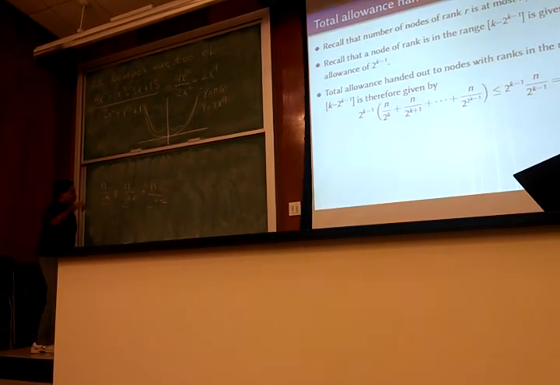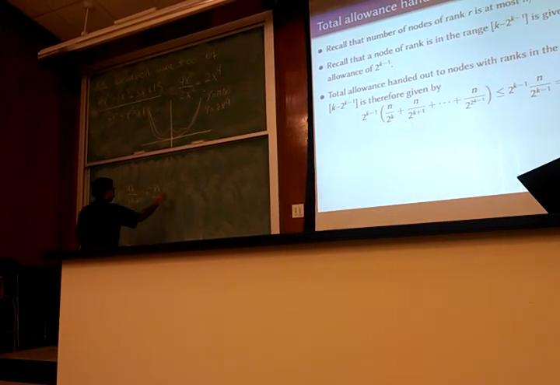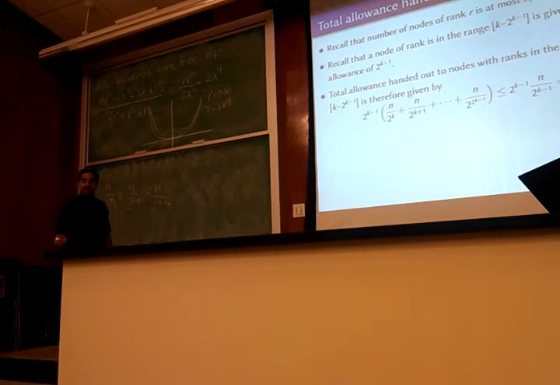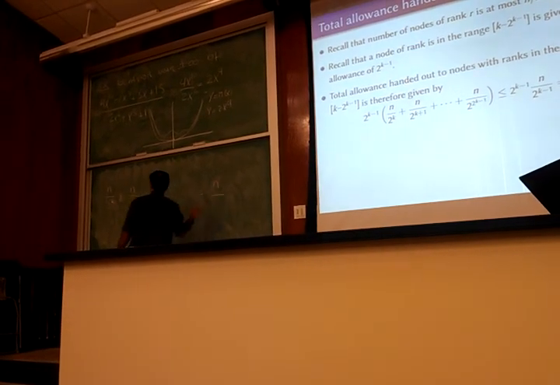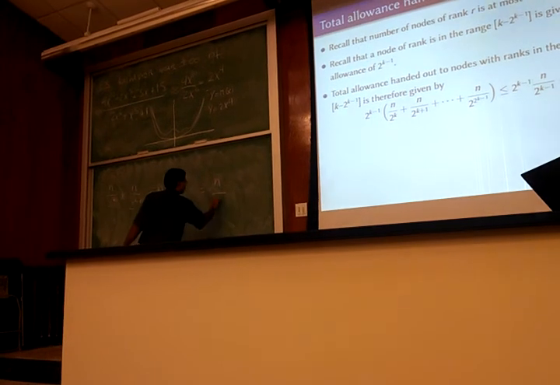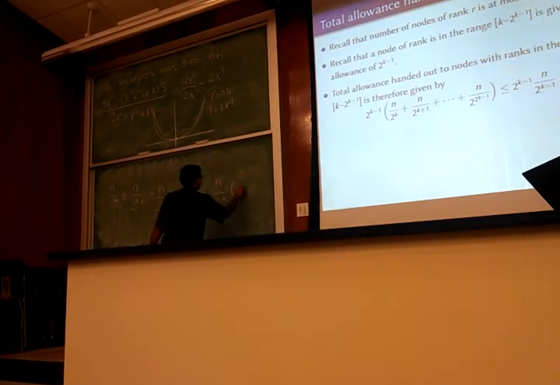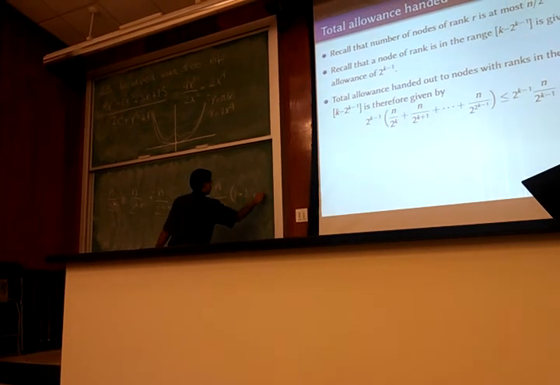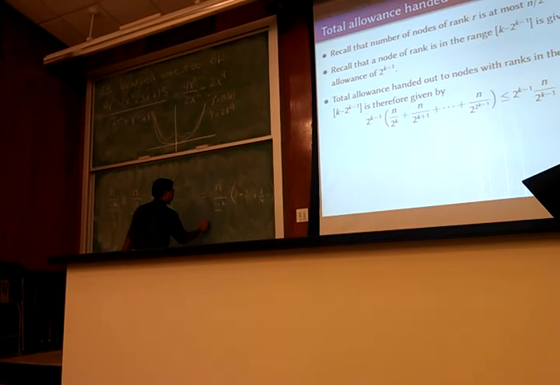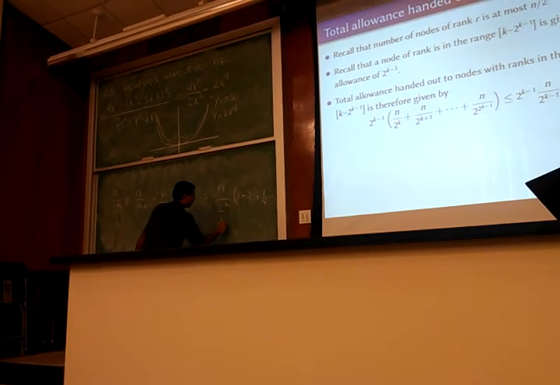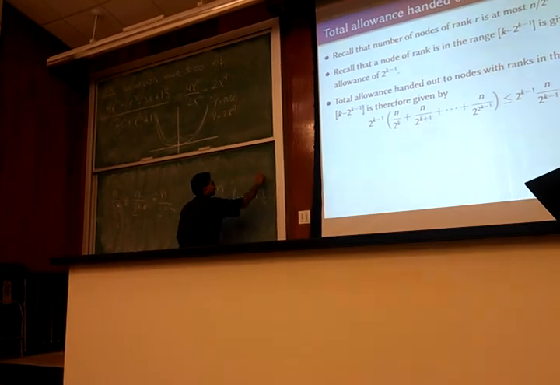We have n by 2 to the power k plus 2 nodes of rank k plus 2, and so on. So what is this sum? This is a geometric series. So this is n by 2 to the power k into 1 plus half plus quarter and so on, which is nothing but 2.